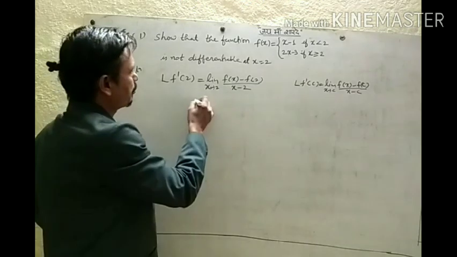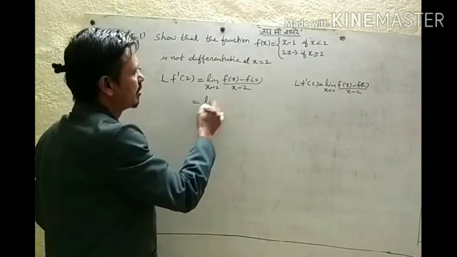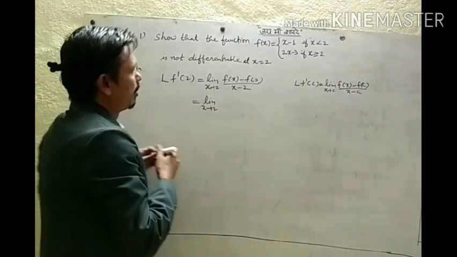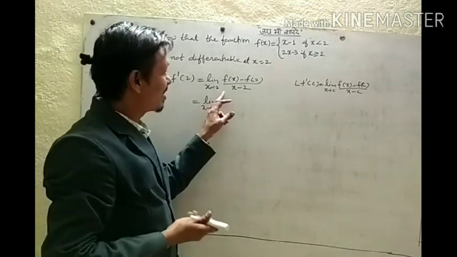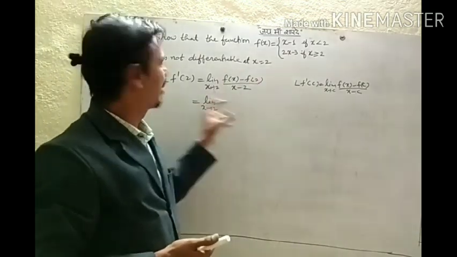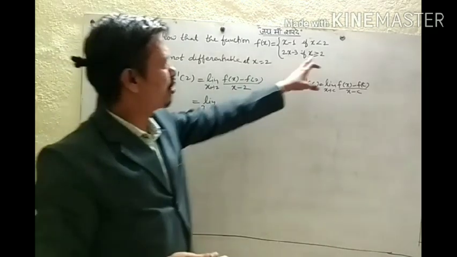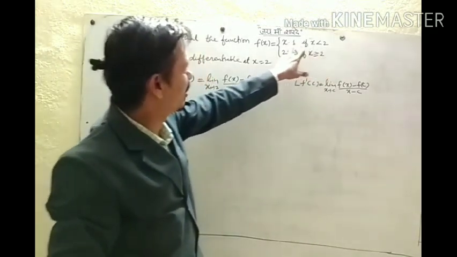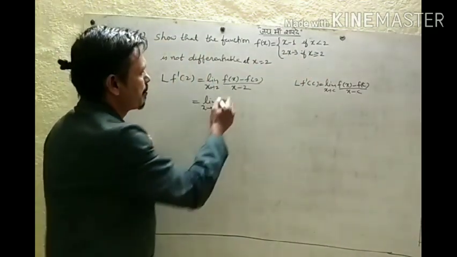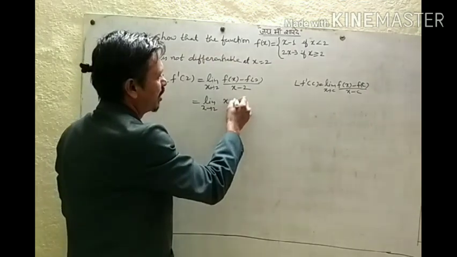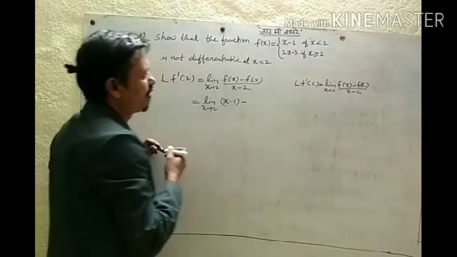Now in this case, when x is less than 2, we are finding the left hand derivative, so x should be less than 2. When x is less than 2, f of x is x minus 1. So f of x will be replaced by x minus 1, minus f of 2.